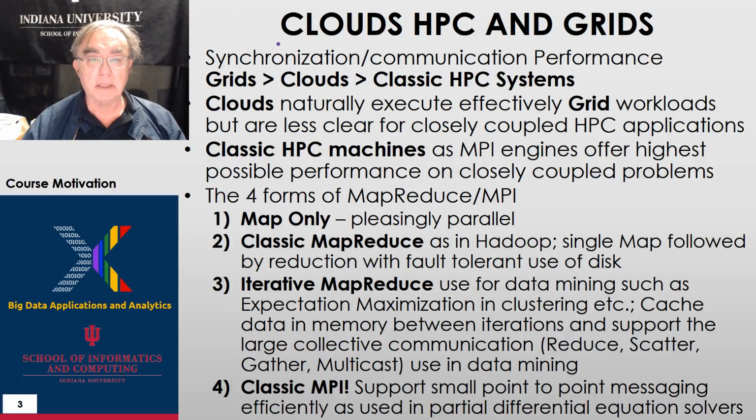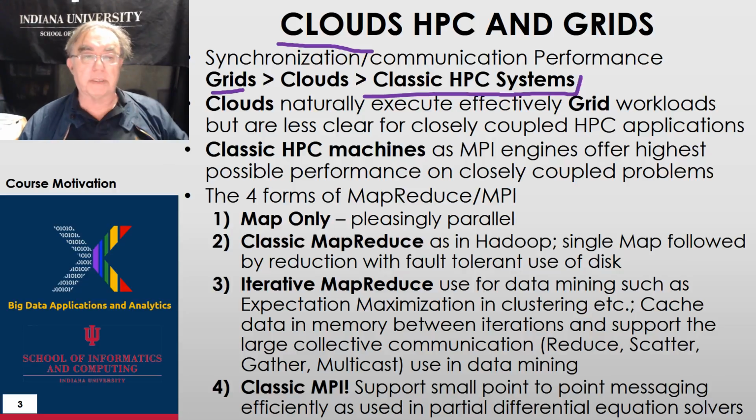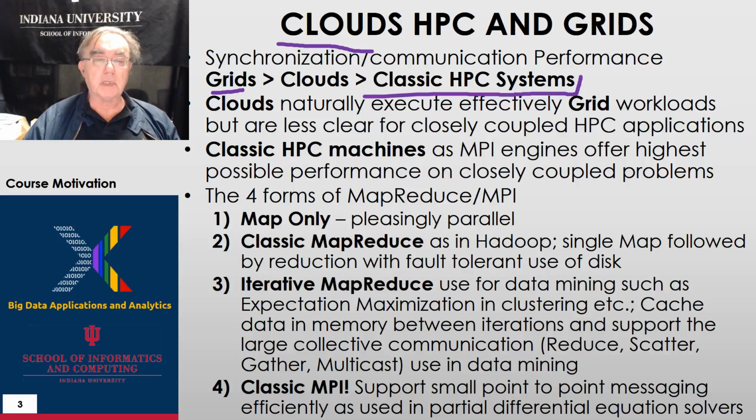All right, now let's see how clouds fit in. So HPC systems have the lowest synchronization cost and the highest communication capability. Grids have the worst because grids are typically distributed over the world, so they have long delays just from the communication time. Clouds are in between.